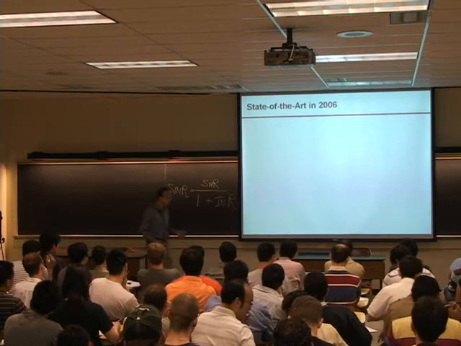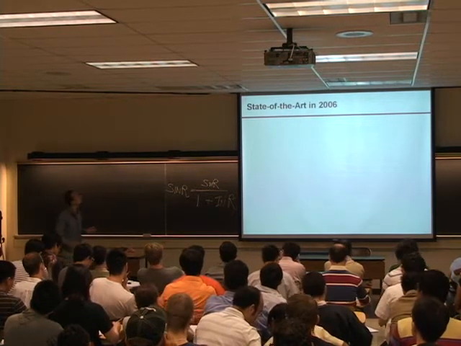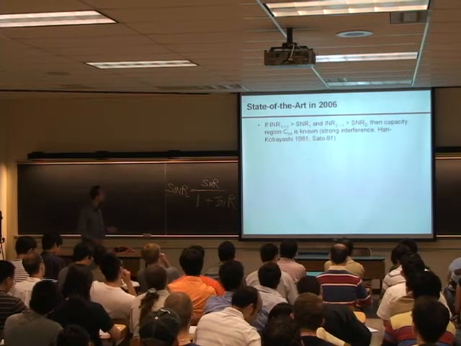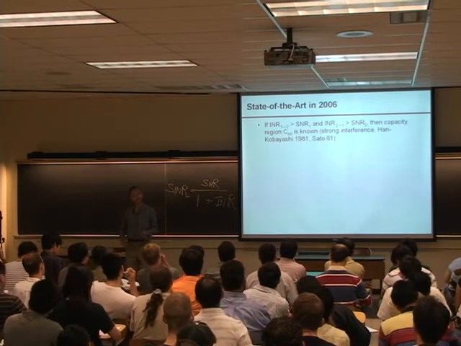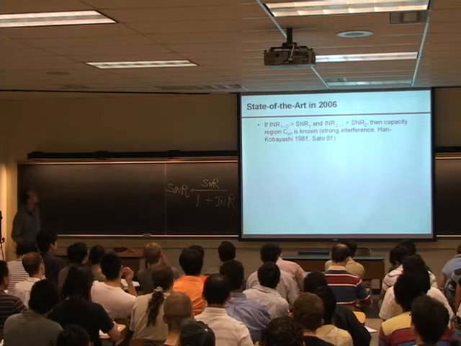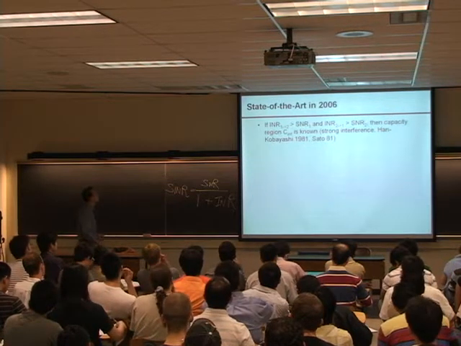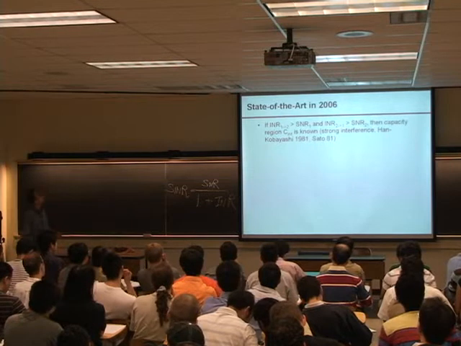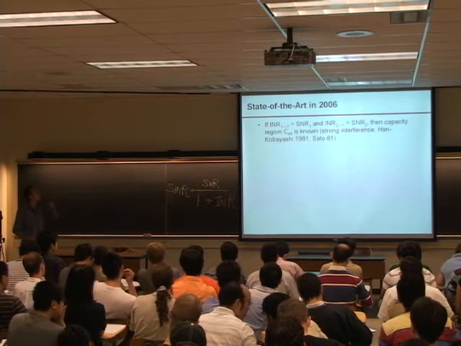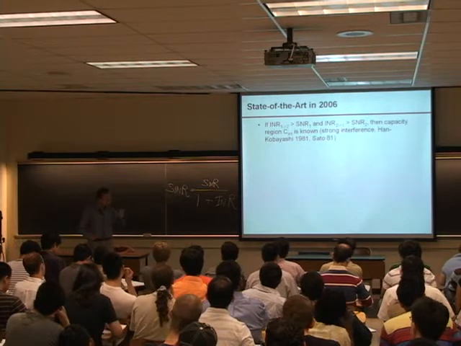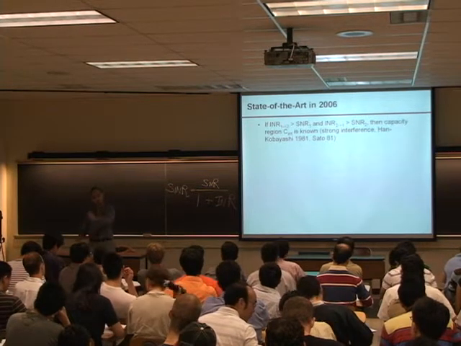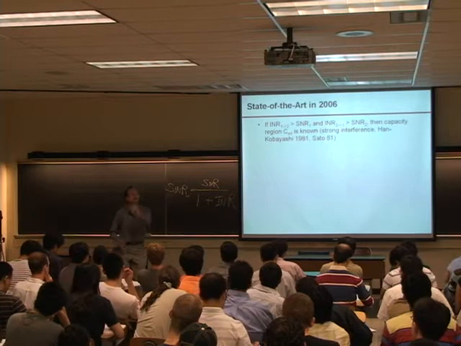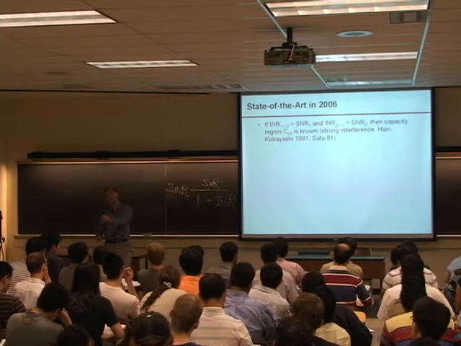So let me be more specific and say a few words on the state of the art in 2006. There is a very special case for which the capacity region is known. It turns out that if the interference to noise ratio is greater than the signal to noise ratio, in other words, the cross gain from a sender is stronger than the direct gain, so the signal from a transmitter is heard more loudly by the other receiver than your own receiver.